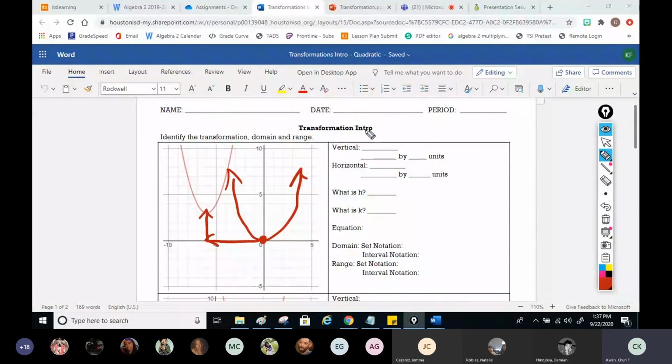Now let's take a look at how to put this right here. First, is there any vertical movement? Did it move up and down? The answer is yes, there is a vertical movement, and it was moved up by 3 units.